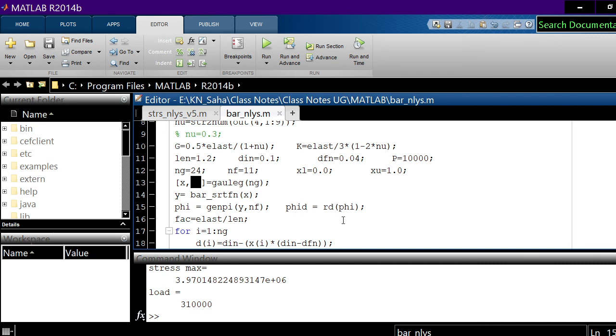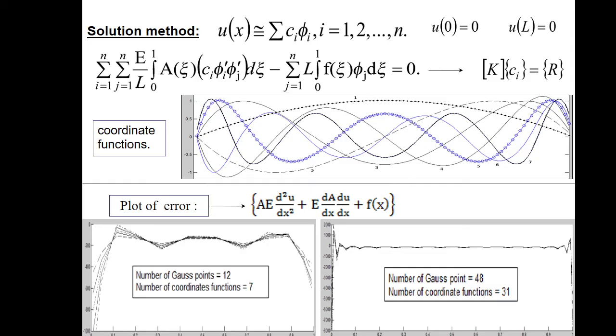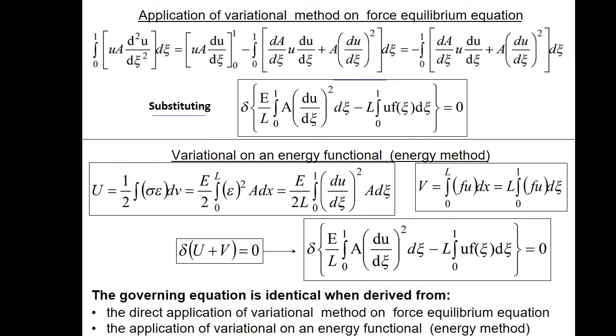Okay. What next? This E by L is a factor. I think it is there. Do we have E by L anywhere? E by L is there, right? Yes, sir. So this is used with stiffness matrix, right?